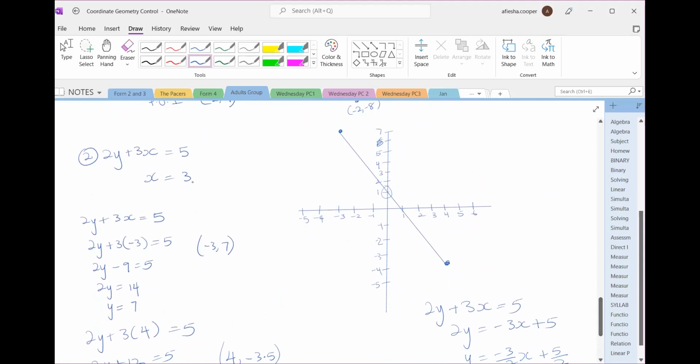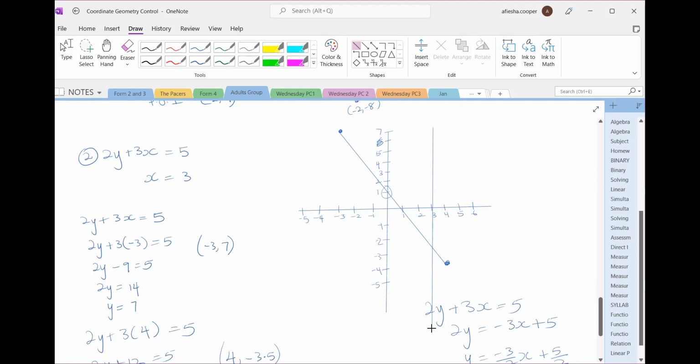Now we need to put x is equal to 3. We look for 3 on the x-axis, which is here, and we go up or down, across, which one? Oh, x is equal to 3. Down. So we make a vertical line.